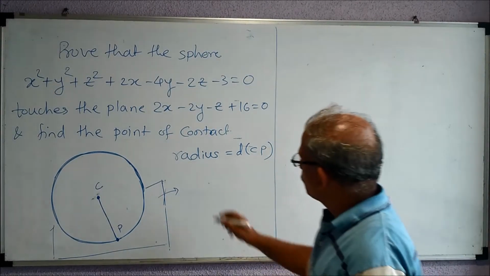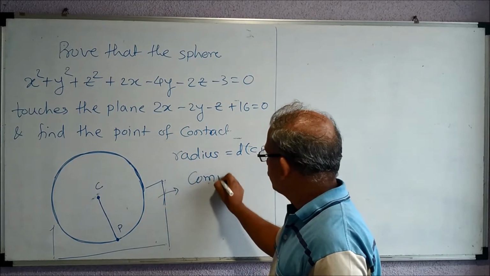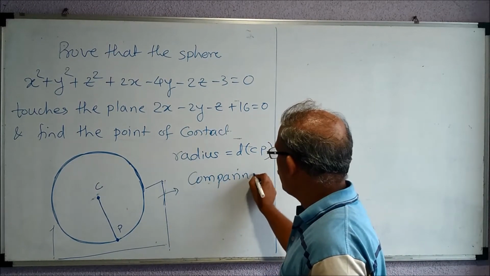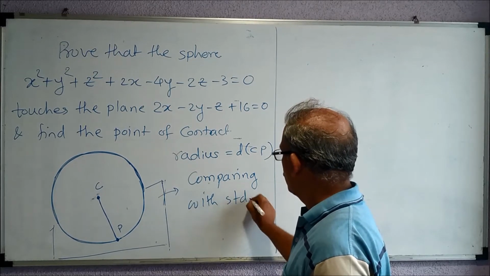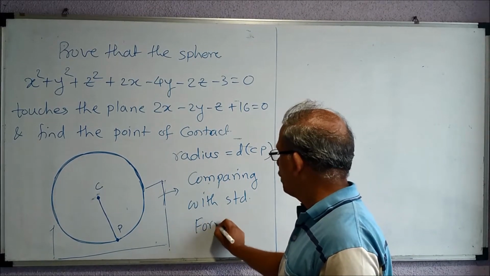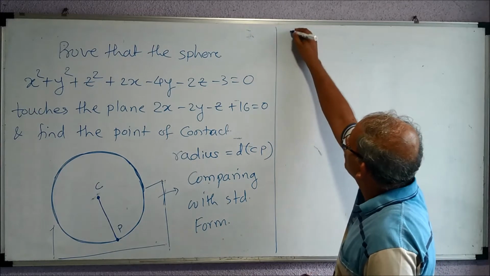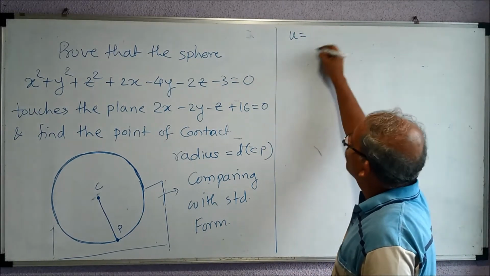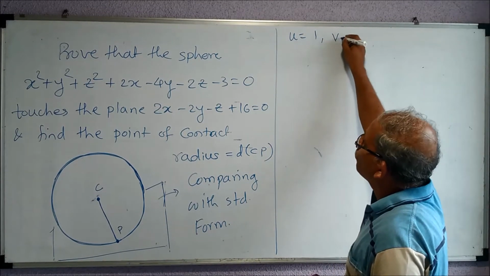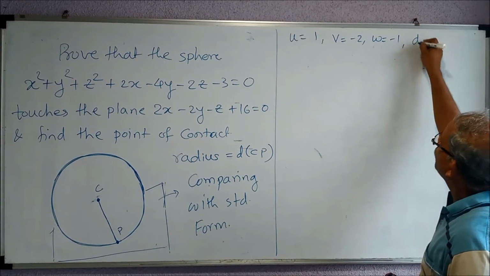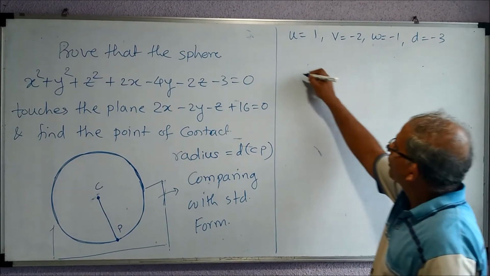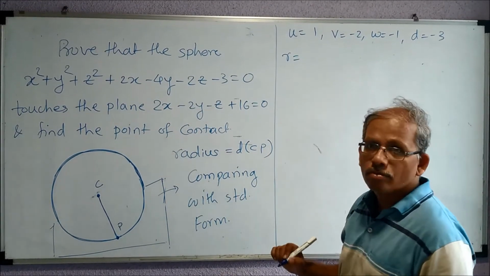Okay. So now I say, comparing with standard form, what we have is u is equal to 1, v is equal to -2, w is equal to -1, and d equal to -3. So I can calculate the radius now, right?